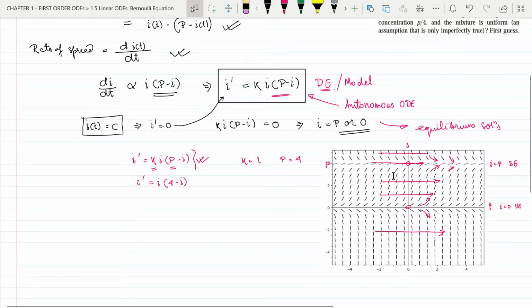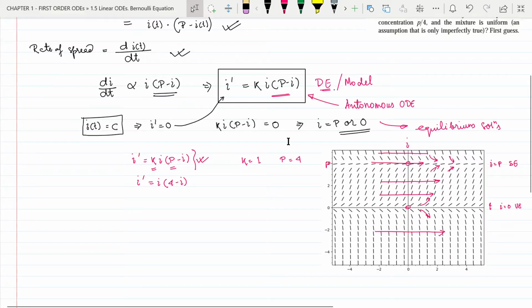That means if we draw a horizontal line to the x-axis or to the t-axis here, then all the linear elements it intersects have the same slope. This is a special property of autonomous ODE because you can see in this equation the slope I dash is not dependent on t. That is why for various values of t, even if we change t, the slope doesn't change because this function is not dependent on t.